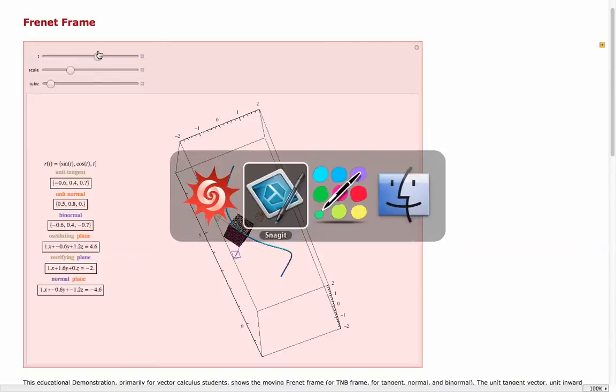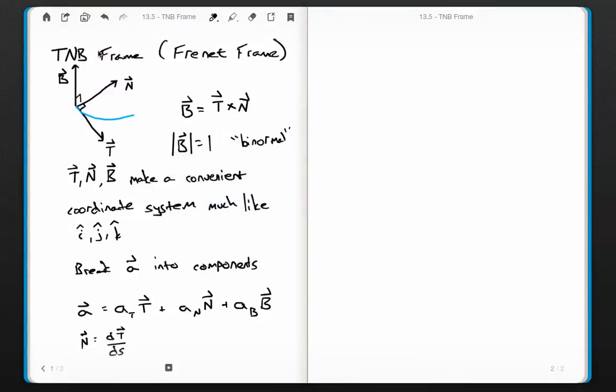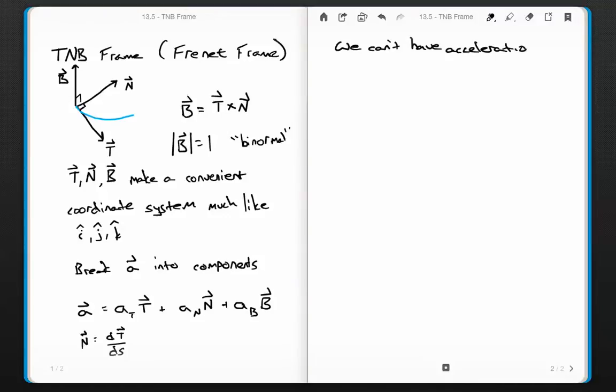All right, so let's go back to here. We can say that since we can't have acceleration in the B direction, we can't have any acceleration that way.